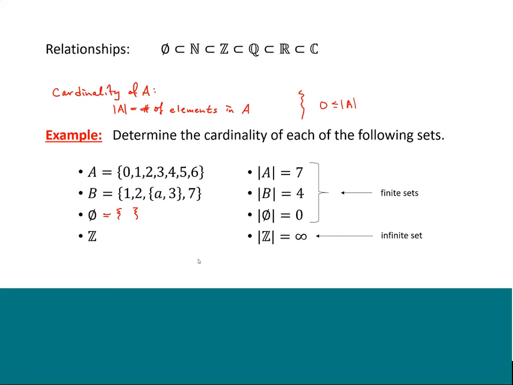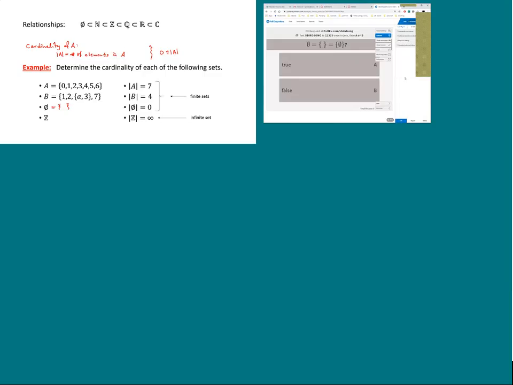Now, before we go on to the next example, let me throw an example at you guys. So let me go ahead and share this because we found that there were issues yesterday with me trying to do it inside of PowerPoint. Can you guys see the second screen?